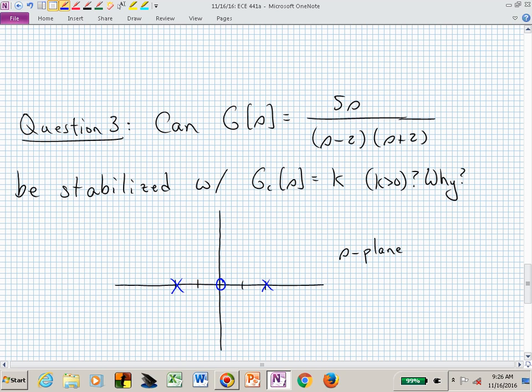Is that right? I had a 0 at the origin, I have a pole at minus 2, and I have a pole at plus 2. Is this system stable for a pure gain controller?